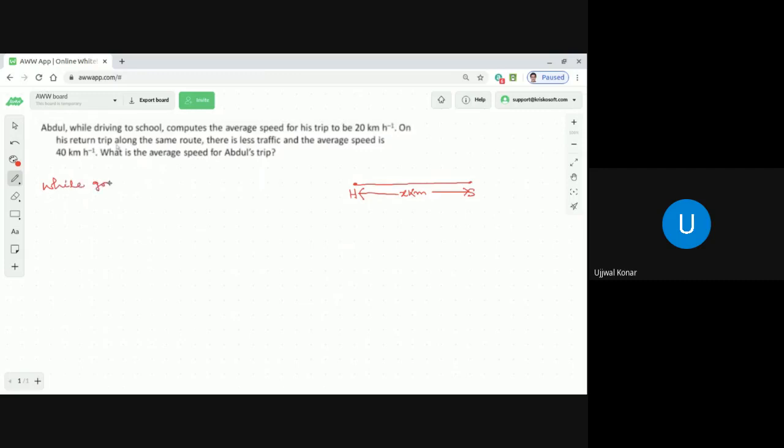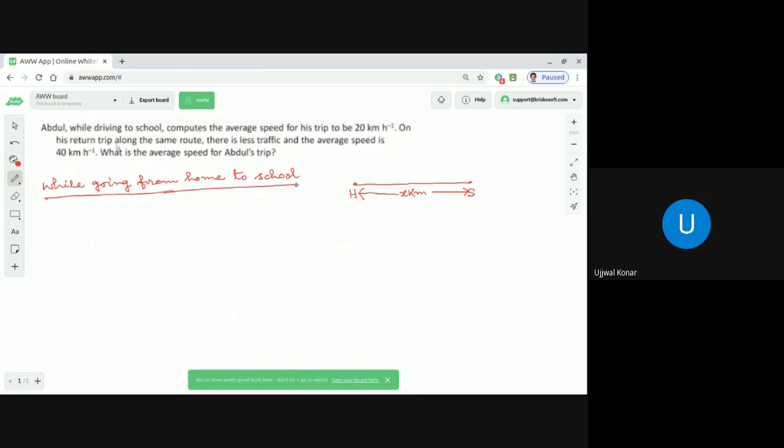While going from home to school, what is the pattern?